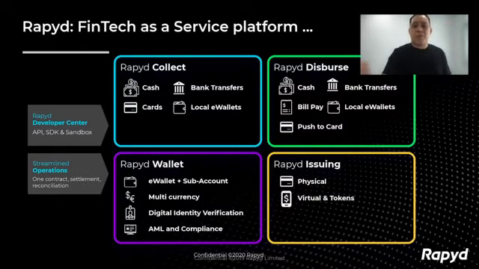And Rapyd Wallet, which is our focus today, is a highly robust and scalable wallet platform with a set of features to allow you to create your own white label wallets. And lastly, Rapyd Issuing, with which you can issue cards and virtual accounts on top of these wallets. So let's shift our focus back to Rapyd Wallet.